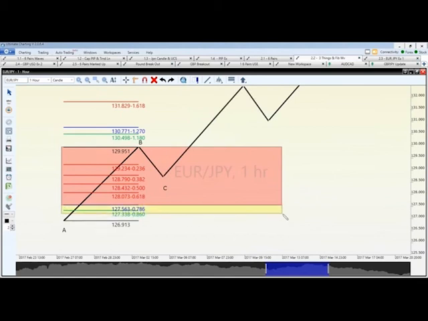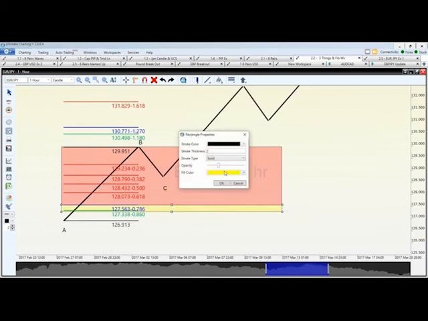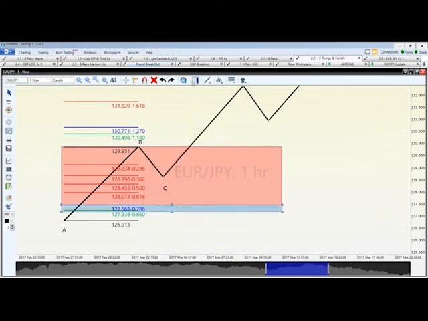This is the blue zone, and I'm going to make that blue. And then the last retracement zone is down here. This is the green zone.